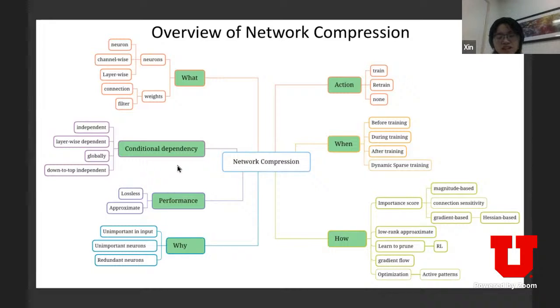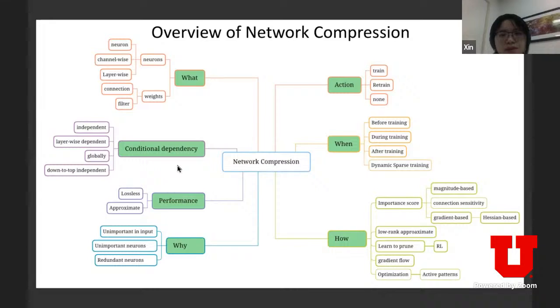Another aspect is when to do the pruning. It can be before training, which is some research that appeared in recent years, and also it can be during training. It means that when we train the network, we also consider making the network smaller. The most common way is to do pruning after training.